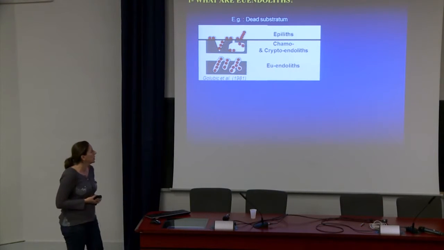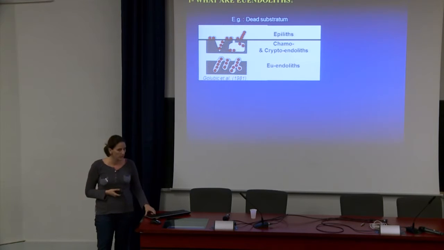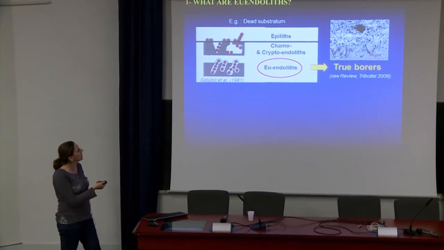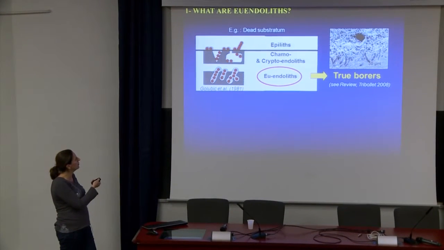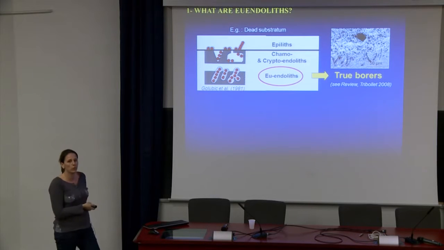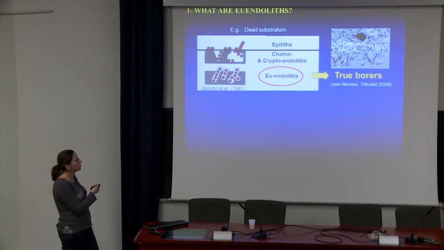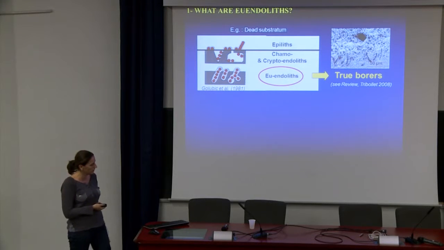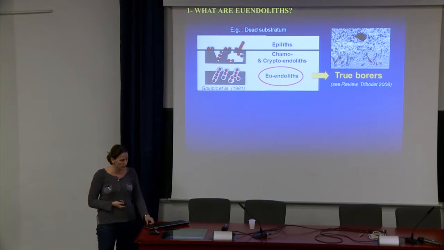So first, what are the euendoliths? They are the true borers which penetrate actively into substrates and leave specific galleries, in comparison to chasmo- and cryptoendolithic microorganisms, which take advantage of the natural porosity in substrates, and to epilithic organisms growing at the surface of substrates.